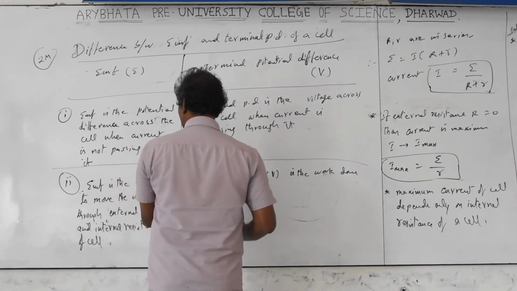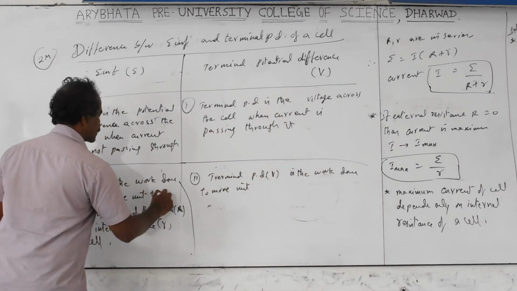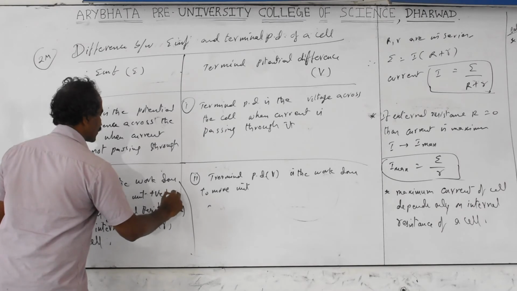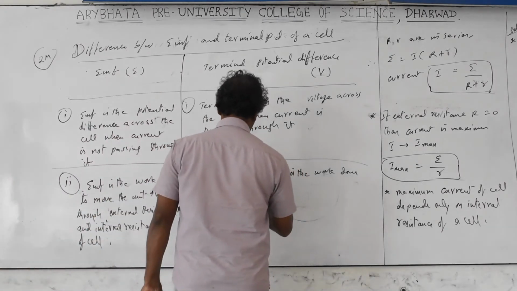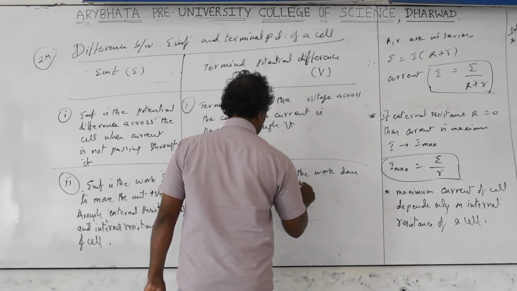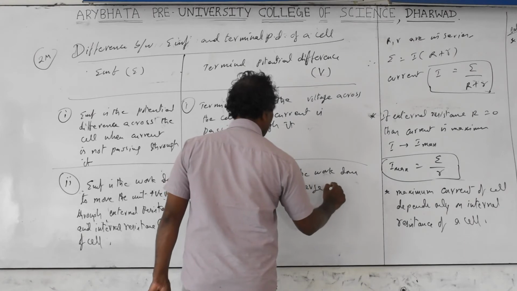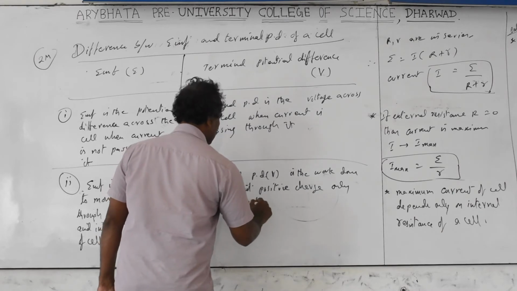Current is defined as the movement of unit positive charge, so we take it as a positive charge. To move unit positive charge only through the external resistance.